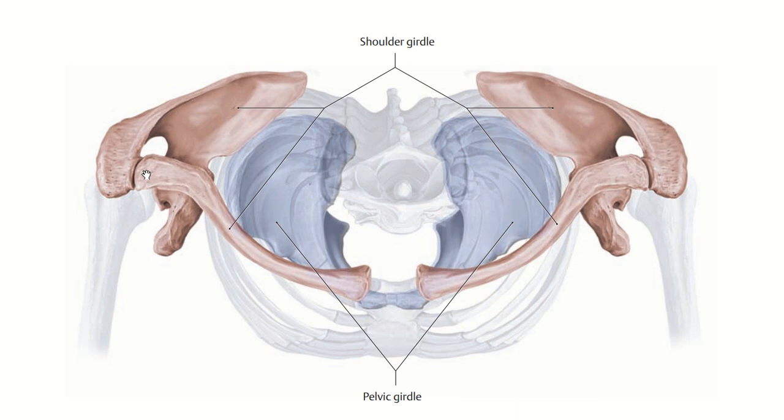You understand? Good. So the distal portion depressed, proximal portion elevated due to the attachment of the sternocleidomastoid. Let's take a look at the osteology of the scapula. I said the shoulder girdle is made of two bones, the clavicle and the scapula. Now let's take a look at the scapula.